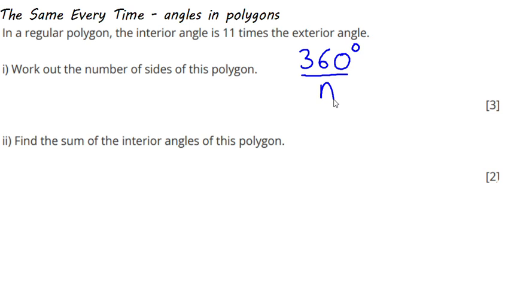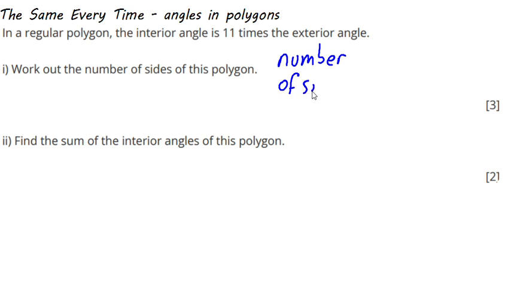So there's a little formula for the size of one exterior angle. But a quick rearrangement of this formula will give us this. So the number of sides, this is definitely worth remembering.